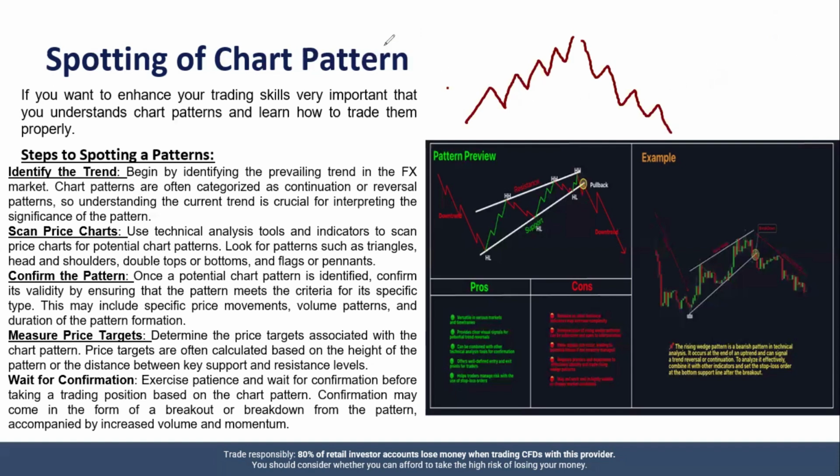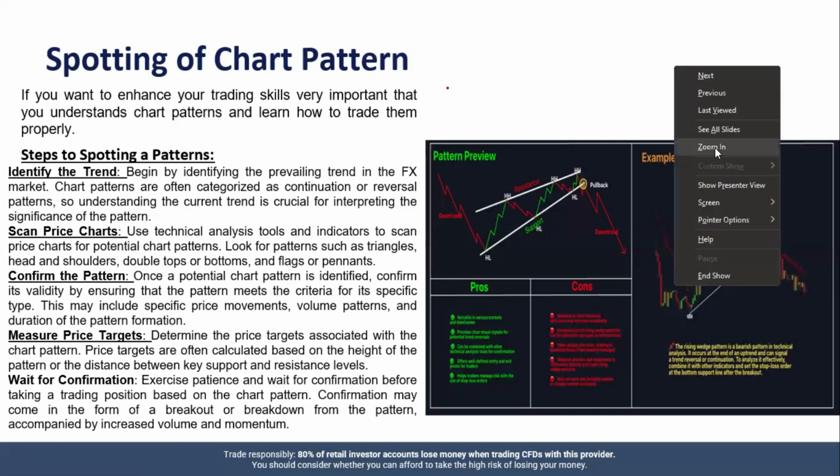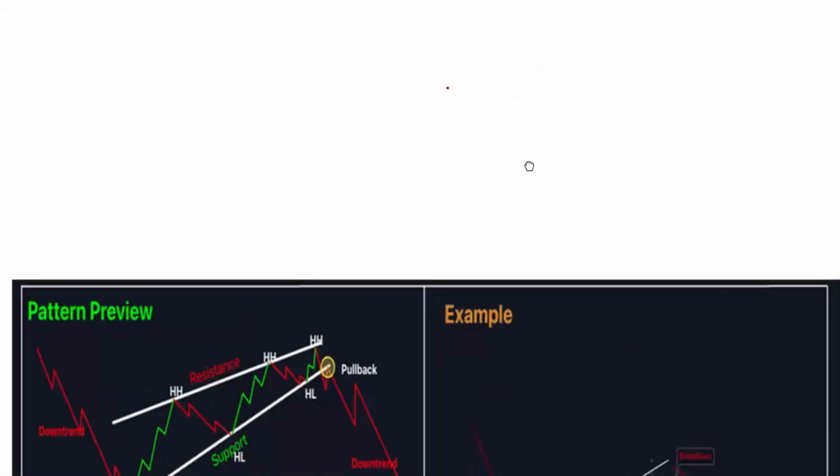So let's assume, I want to see what I can do right here. Let me zoom in right here. Okay, good. Let's assume you're trading in a bullish market, in a bullish trend.